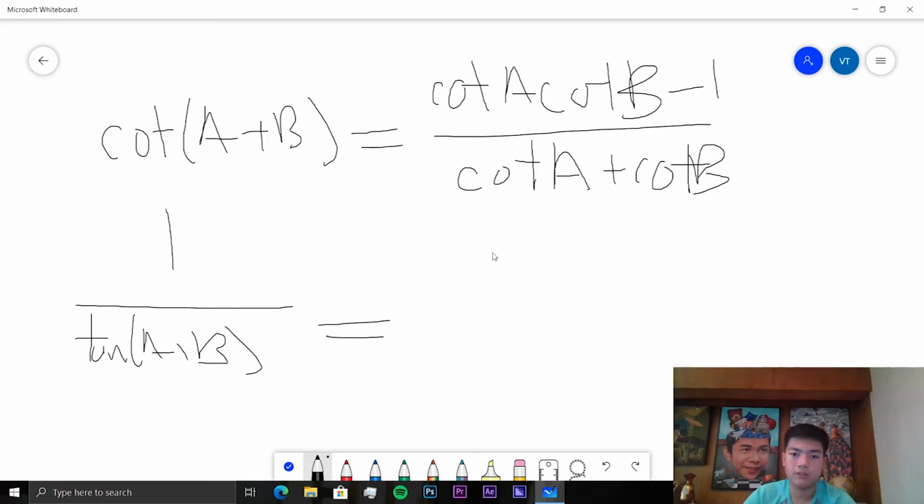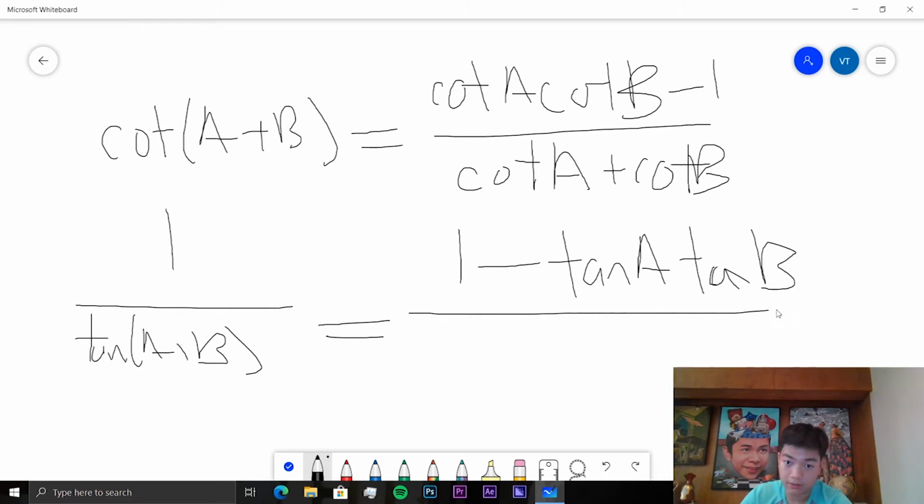So this is equal to effectively tan 1 minus tangent A, tangent B, all over tangent A plus tangent B. And we now need to convert this into cotangents?